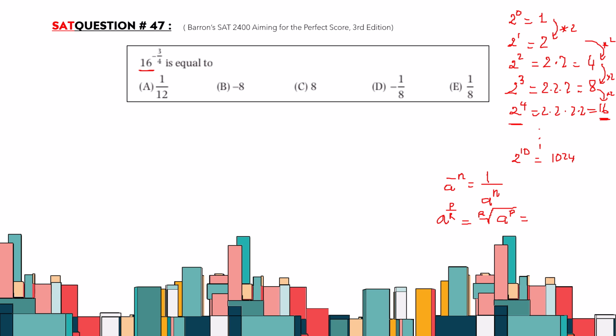And this one is also the r-th root of a, all to the power of p. We also have a to the power of m, to the power of n. This is the power of a power, so it's equal to a to the power of m multiplied by n.